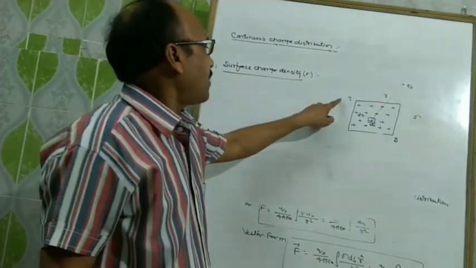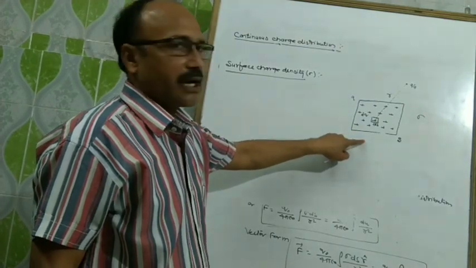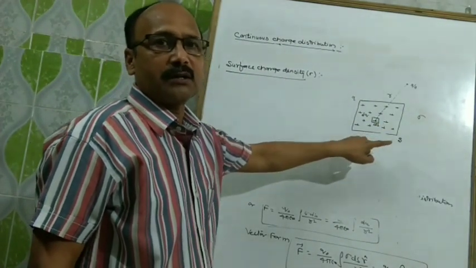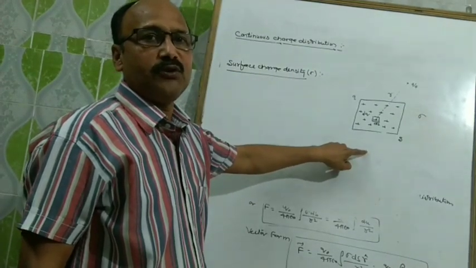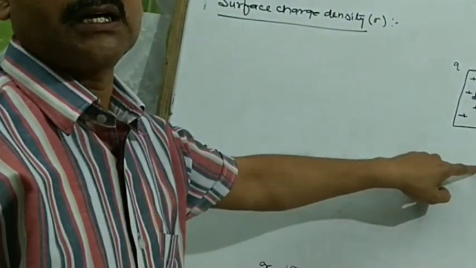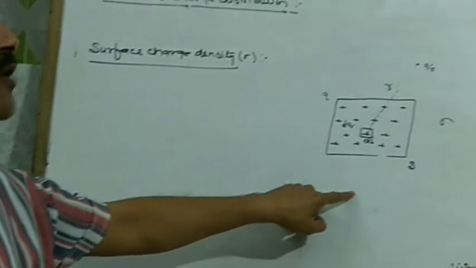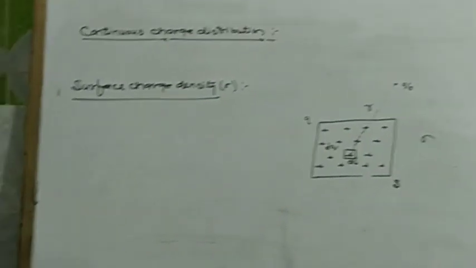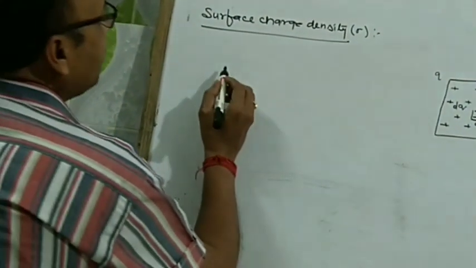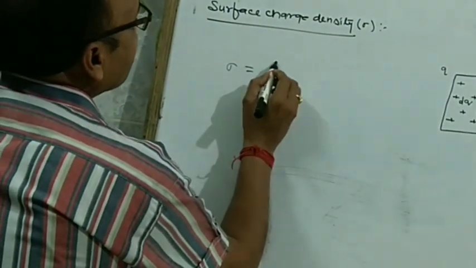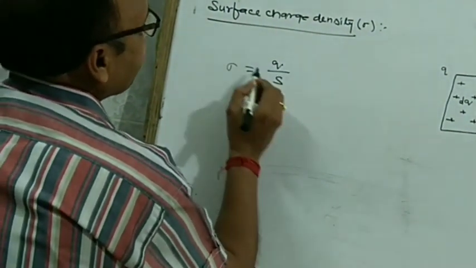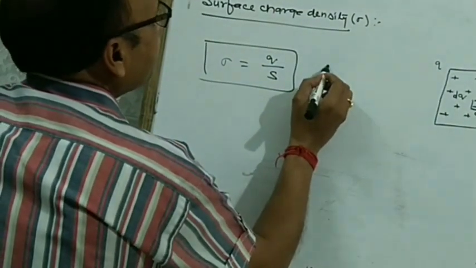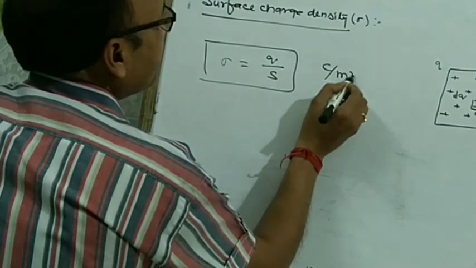The amount of electric charge spread over per unit surface area is known as surface charge density. It is denoted by sigma. So sigma will be equal to q upon S, and its unit will be coulomb per meter square.